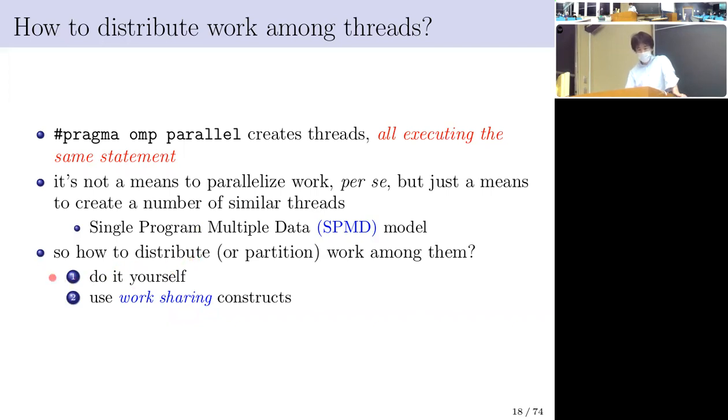There are two ways to do this. Of course, there are more than two ways, but two ways I will be getting into. One is the so-called do-it-yourself type of strategy. The other is to use something called a work sharing construct, which is actually the OMP for directive.